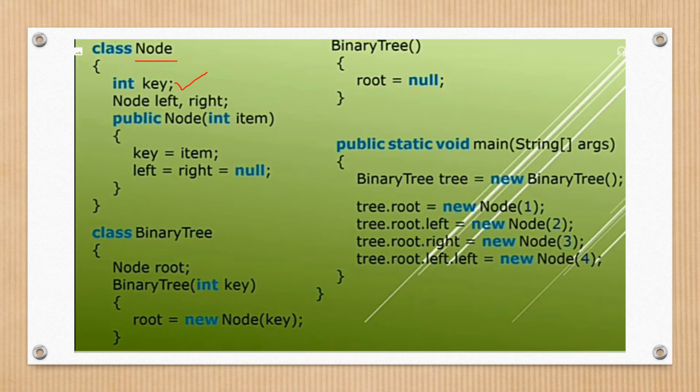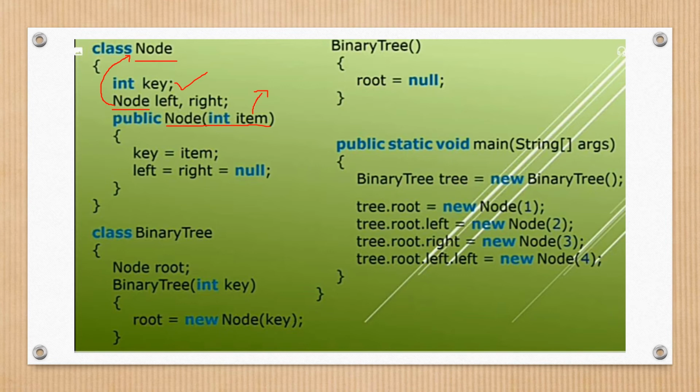This node is nothing but of the type of this class, means pointers. Public node, this is a constructor, a parameterized constructor. Key, item means the elements we want to insert into the tree. This data is nothing but item.